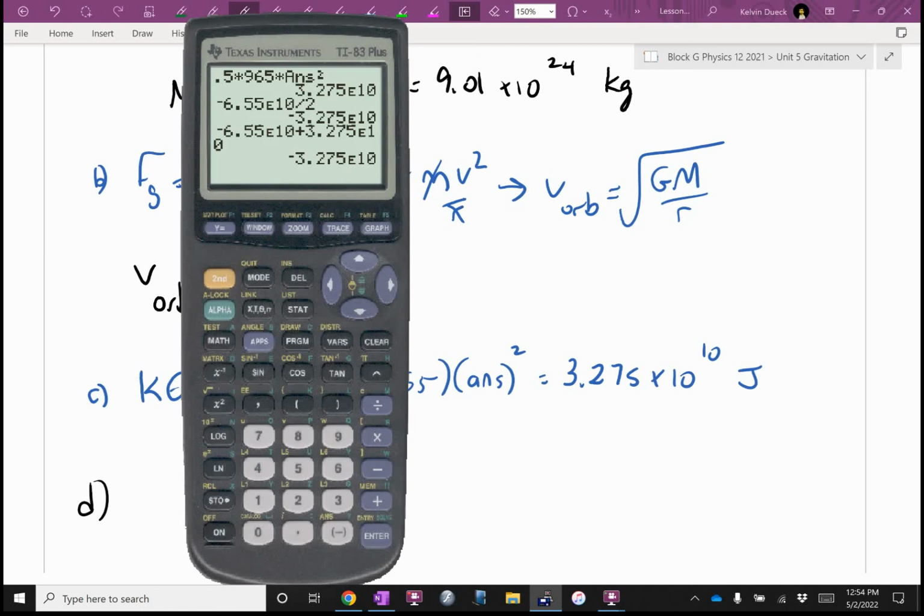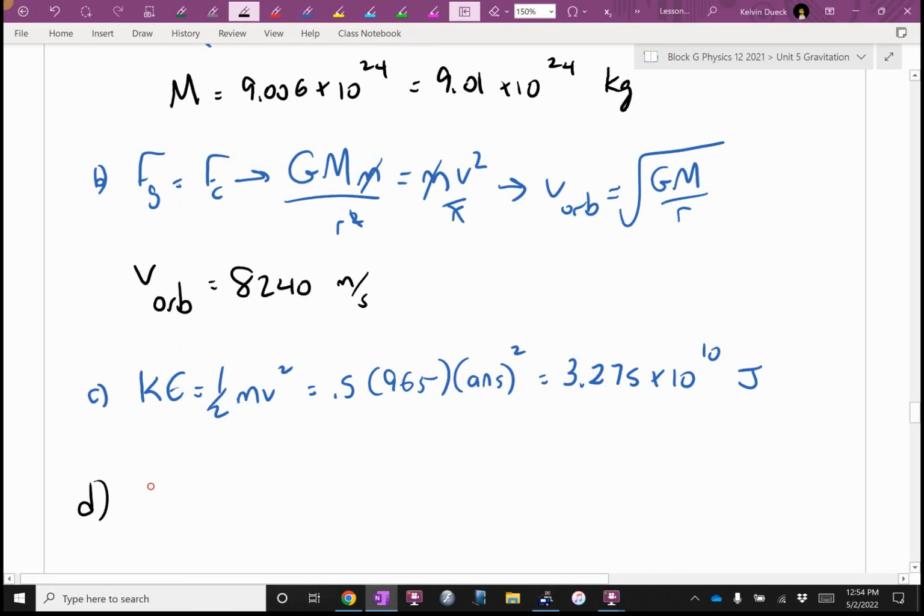You can survive just fine without that, but if you spot it, it's kind of a check that I probably did this right. There's no way we could have fluked into that if we didn't get the mass correct and the orbital speed correct. My abbreviation for total energy is TE. Negative 3.275 times 10 to the 10th joules.